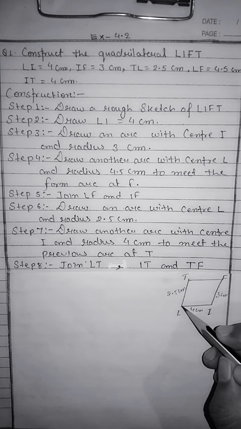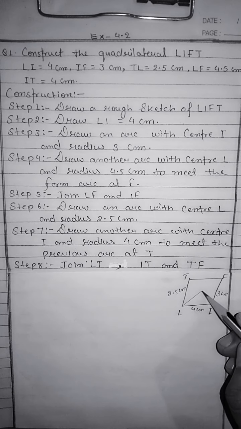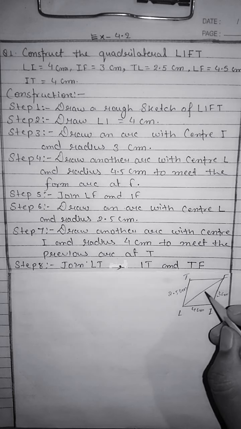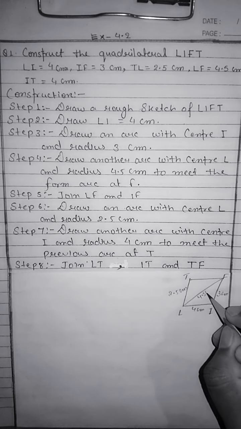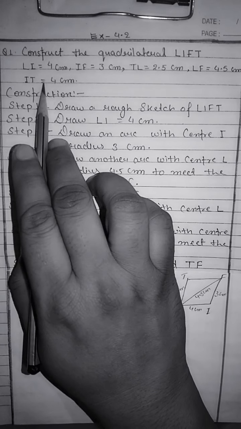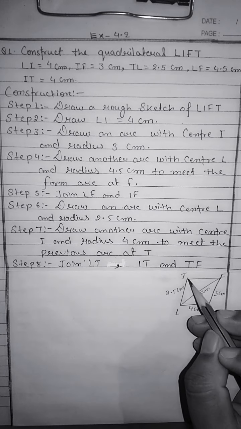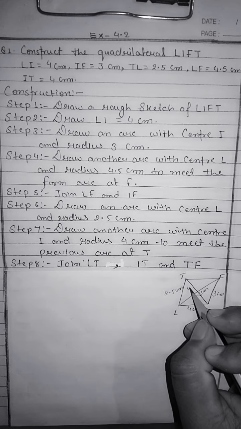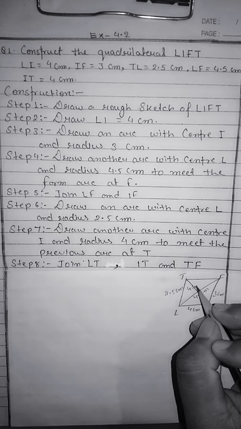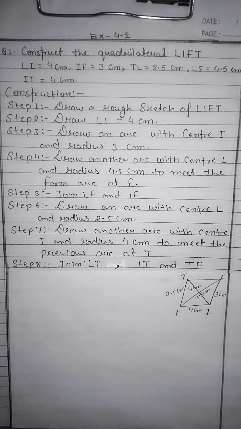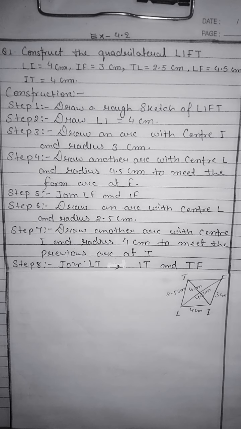LF is the diagonal of this quadrilateral, given here as 4.5 centimeter, and IT is equal to 4 centimeter. IT is the other diagonal, and it is 4 centimeter. Now we have a rough sketch of quadrilateral LIFT.